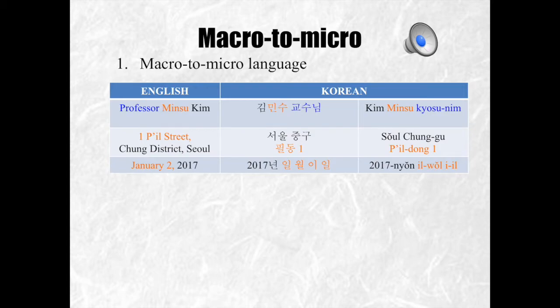Same thing with addresses. In English, you would say, 1 South Street, Los Angeles, California. So the street name first, right? The smallest unit. And then the district, Jung District, Seoul. If I give you an English equivalent, it would be like 1321, I don't know, Eisenhower Street, Bremerton, Washington, USA.